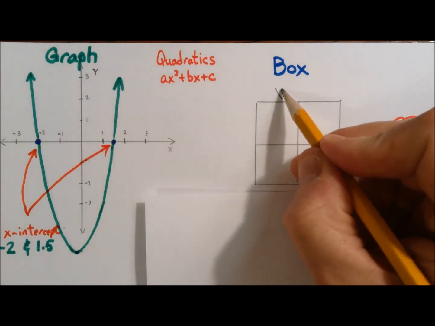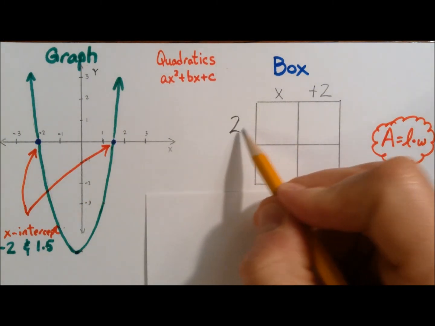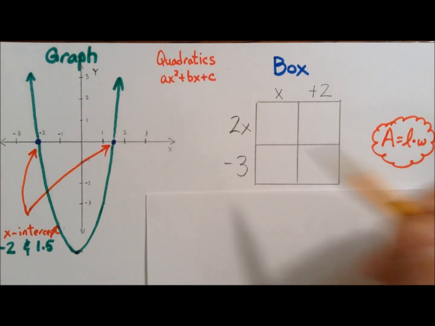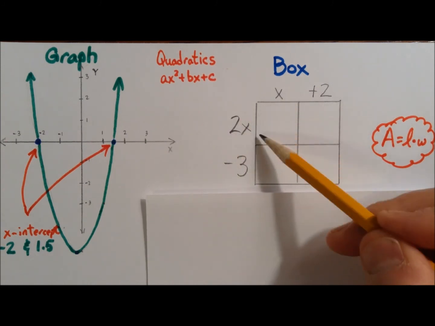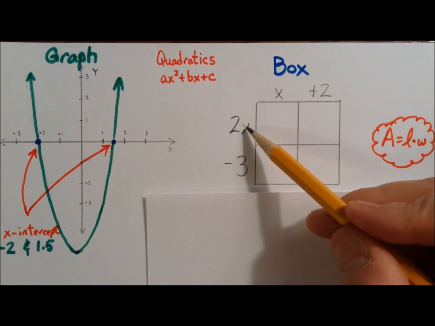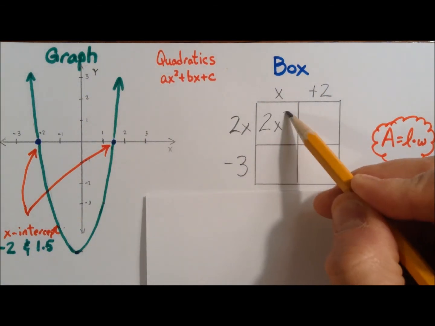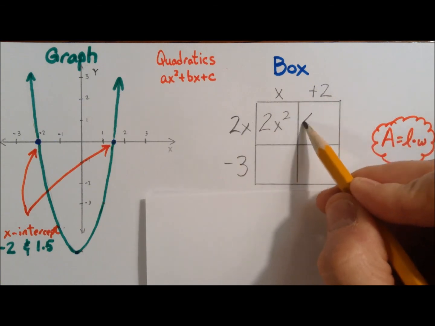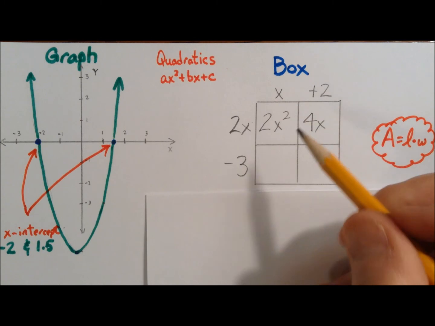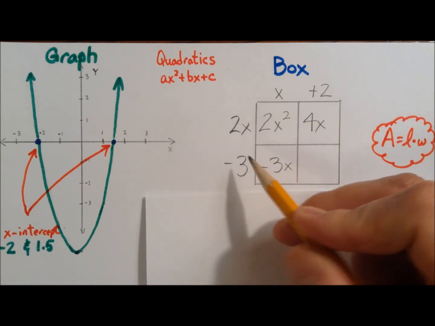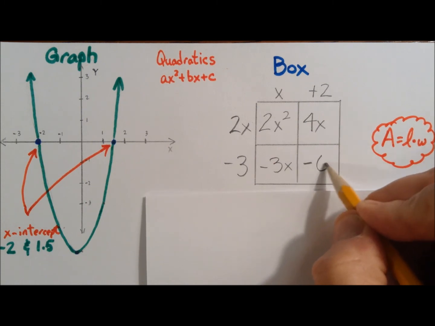So if we had a binomial x plus 2 and another binomial 2x minus 3, we went through the process of multiplying each of the lengths and widths of these smaller boxes, noting that x times x is x squared. So this was 2x squared, and then 2 times 2 is 4, times the x is 4x, and then -3 times x was a -3x, and so on, like we've already done. A negative times a positive is negative, and -3 times 2 is -6.